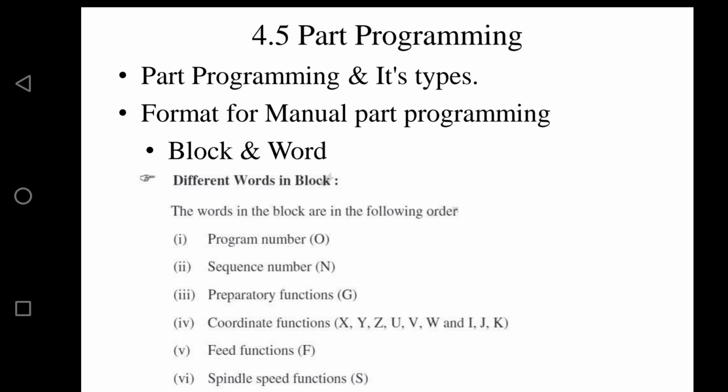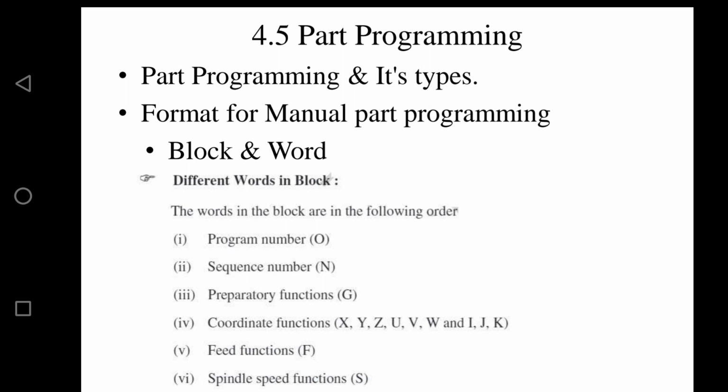So how are they written? We have some coordinate systems used in manual part programming. I already told you those are the absolute system and the incremental system. In the absolute system, the coordinates are mentioned in the program with respect to one reference point, one initial point, which we can call the datum.